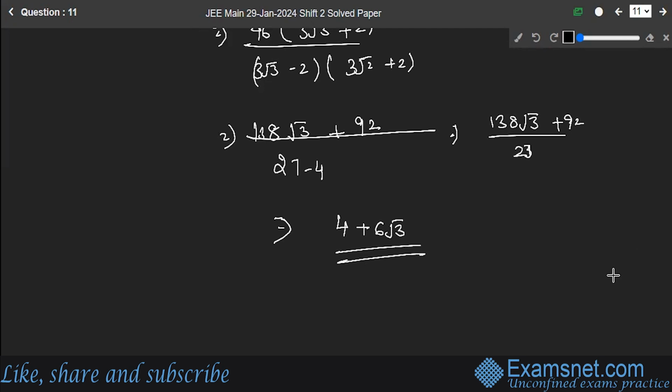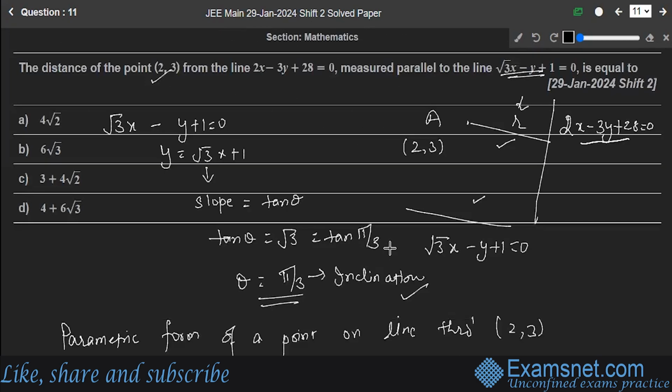So this is the answer to the question. This is your value of r, that is the distance. And here we have the D option as the correct answer.